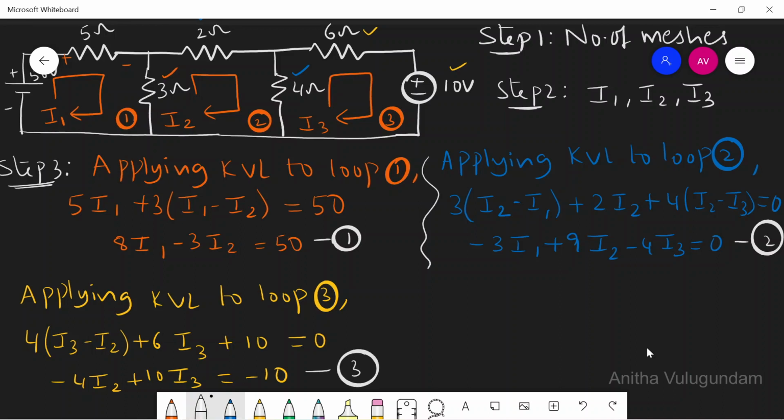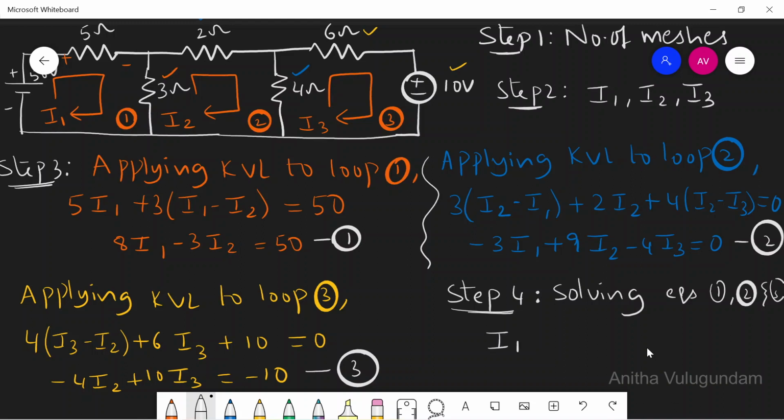We are done with step 3 and step 4 is to solve the KVL equations to obtain mesh currents. So by solving equations 1, 2 and 3, we will get values of I1, I2 and I3.